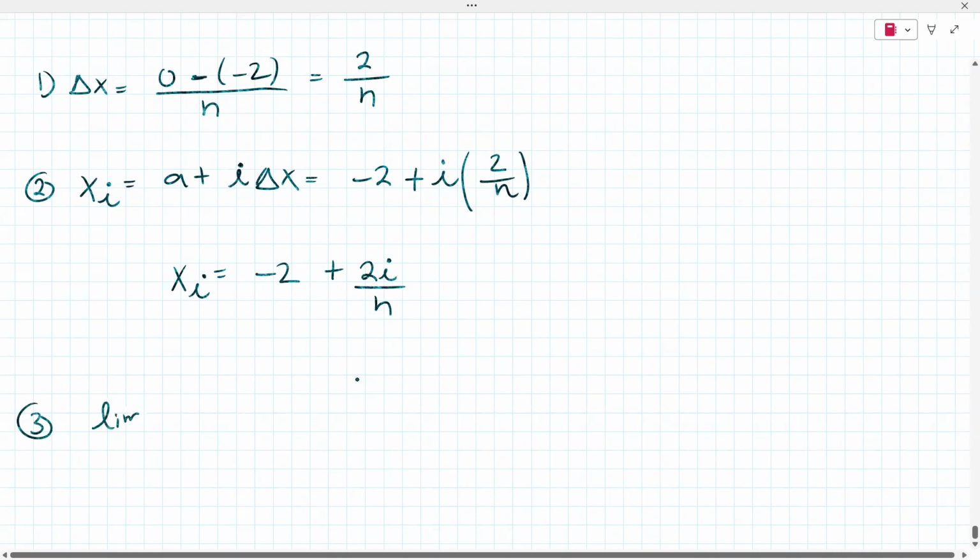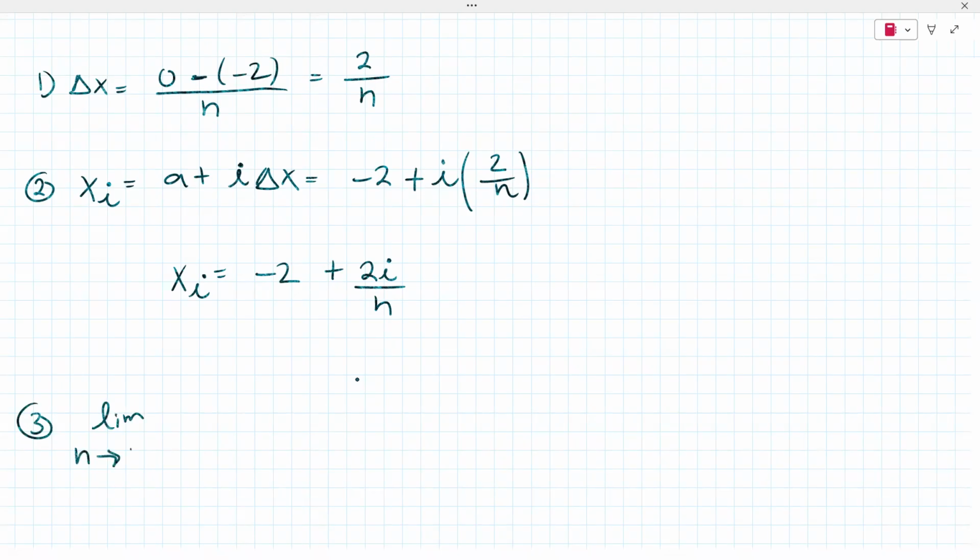So the limit as n approaches infinity, the sum from i equals 1 to n. You're going to replace x with xi, and you're going to replace dx with delta x.